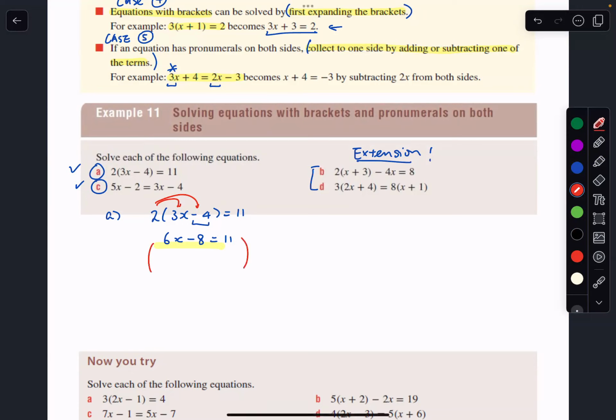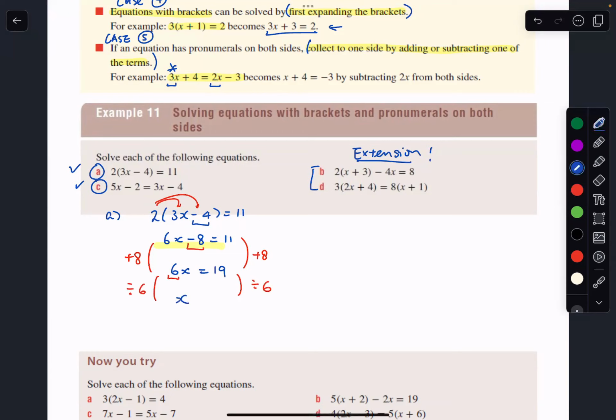Next step, we get rid of the plus or minus first by doing the inverse operation. The inverse operation of negative 8 is positive 8, so we add 8 on both sides. Left-hand side we have 6x, right-hand side we have 19. Next, we get rid of the 6 by doing the inverse operation again.